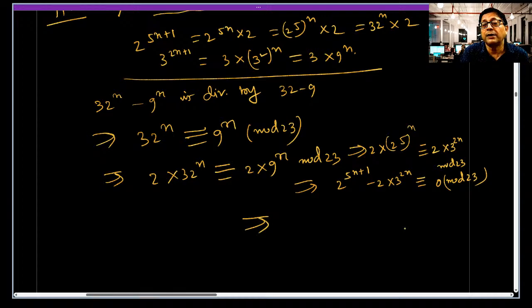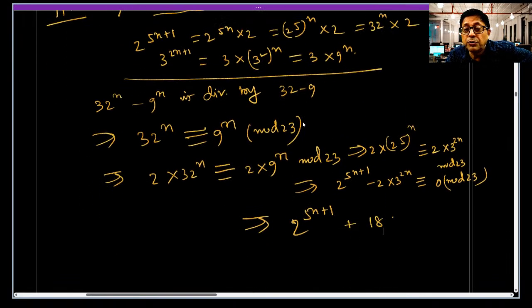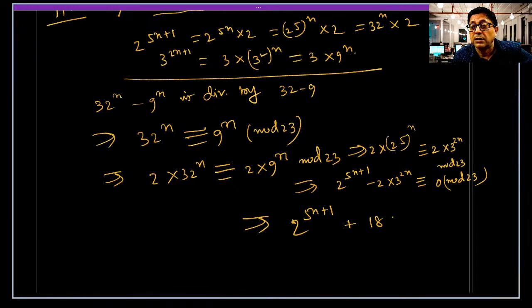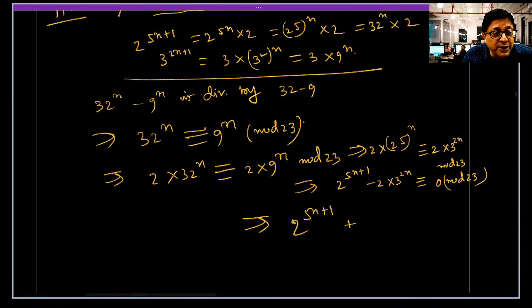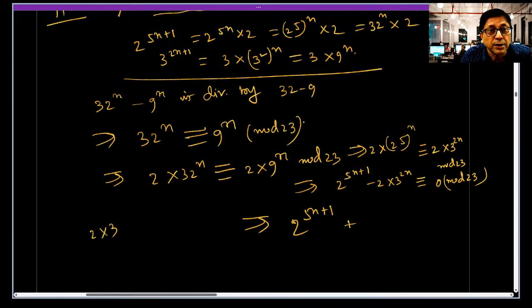But I need to get 7 into 3 to the power 2n plus 1. So what I will do there? 2 to the power 5n plus 1 plus 18 into 3 to the power 2n, we need what form? 3 to the power 2n plus 1. Just simplify it, it will be clear.